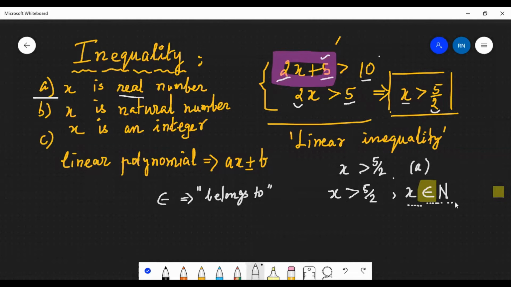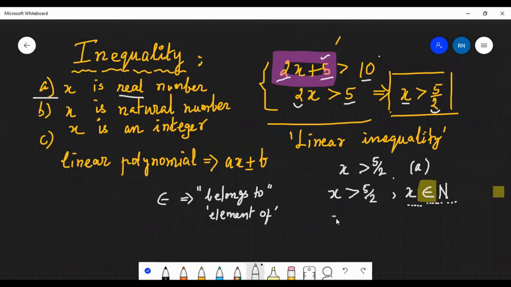X belongs to natural number, or X is an element of, you can use that word also, element of natural number set.